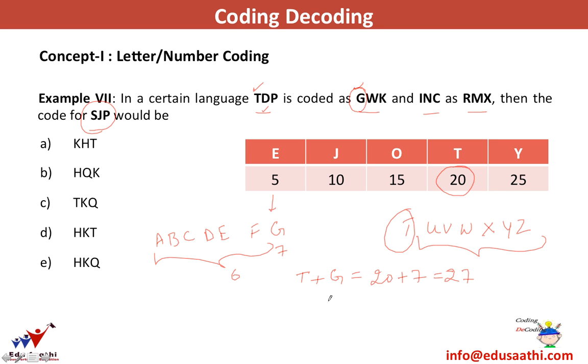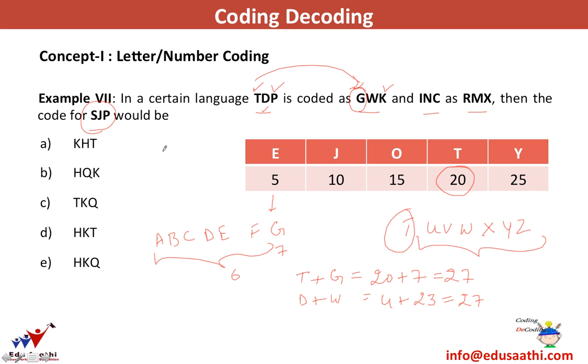Similarly, D plus W. D is the 4th letter and W, as we calculated in the previous question, is the 23rd letter. So 4 plus 23 again is 27. Similarly, when you calculate for P and K, the sum will come out to be 27. In other words, the logic is, if T is 7th from the behind, then it is replaced by G, which is 7th from the front.